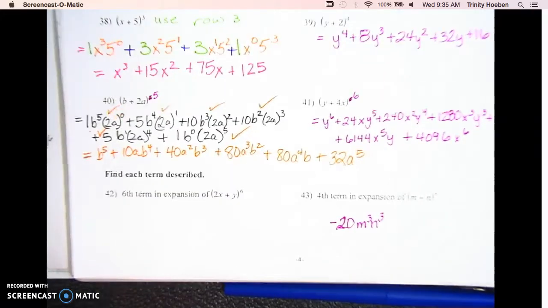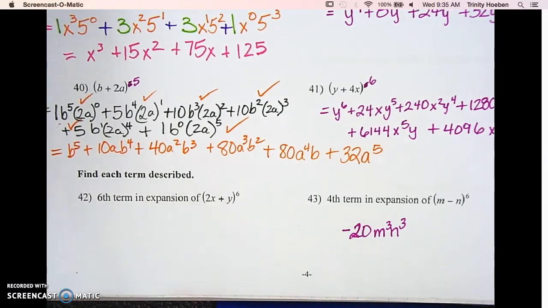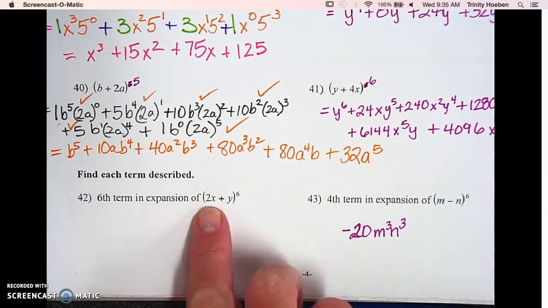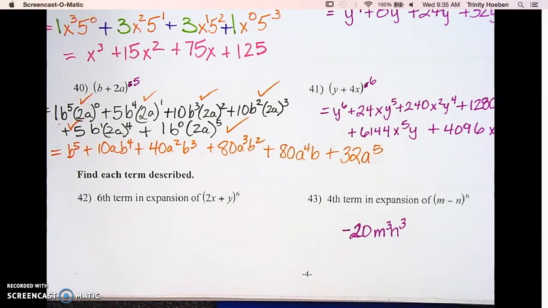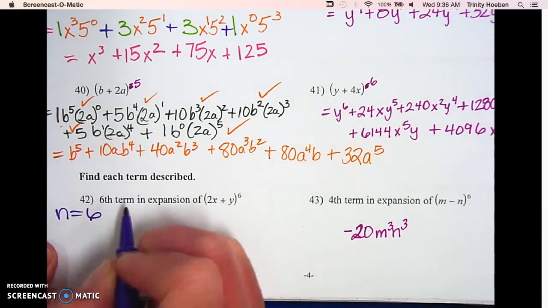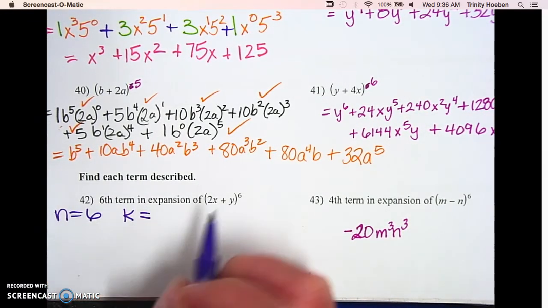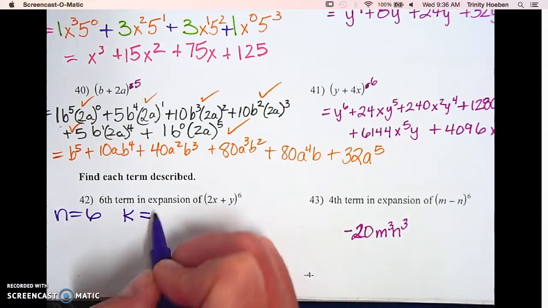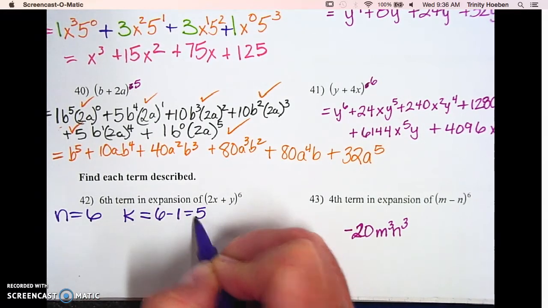Number 42. This time we only want the sixth term in the expansion of 2x plus y to the sixth power. So we need our n to be 6, and our k is going to be the term, which is 6 minus 1, which is 5.